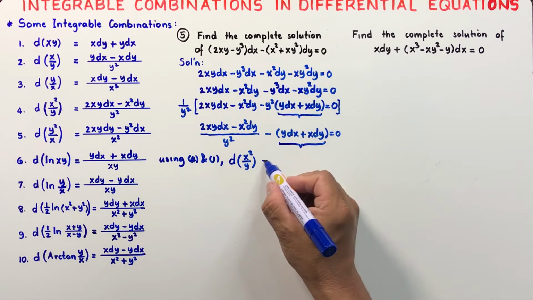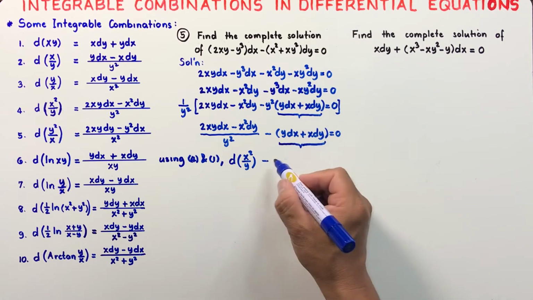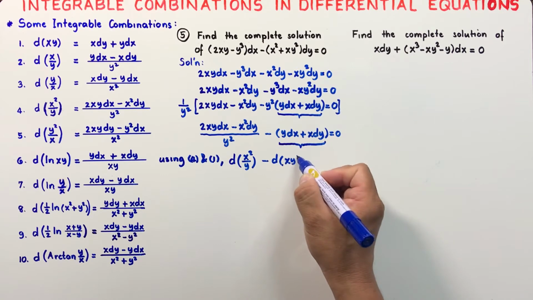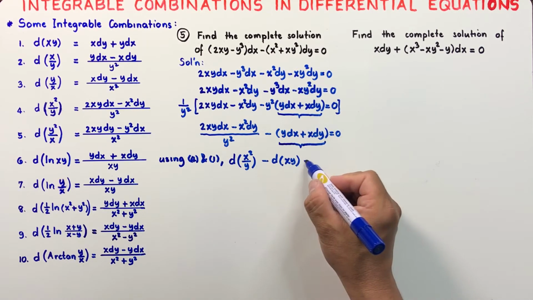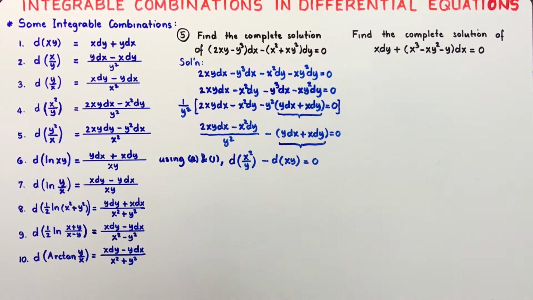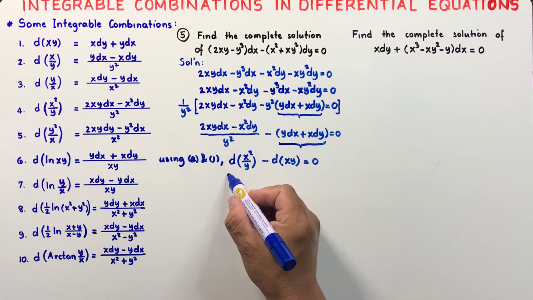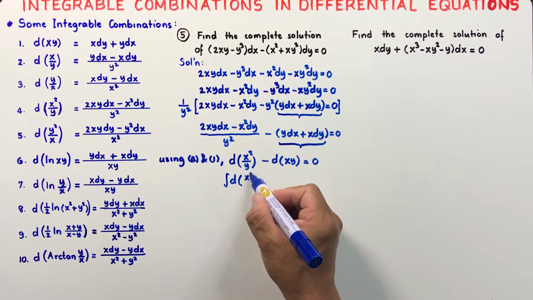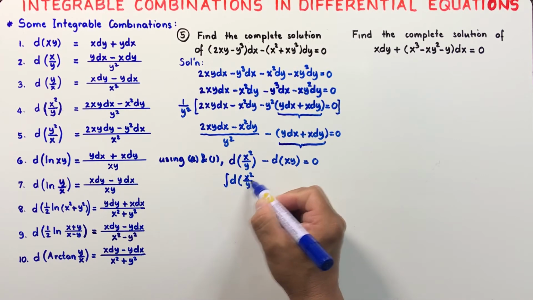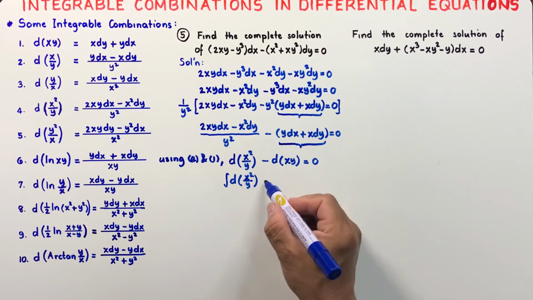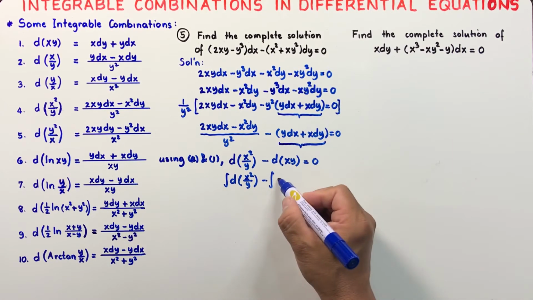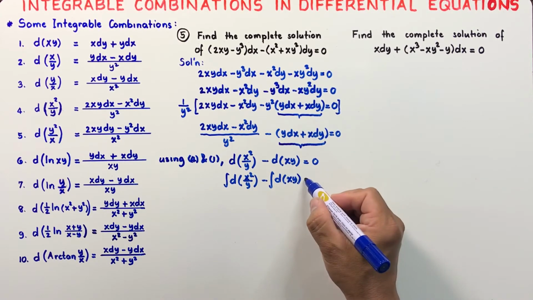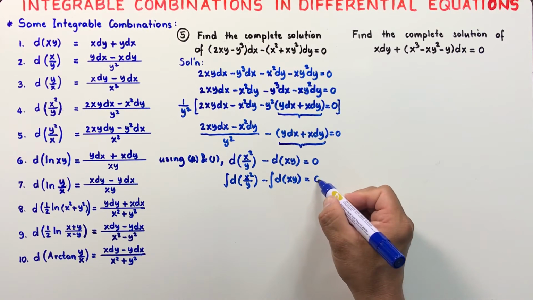And this will be subtracted by this integrable combination, which is the differential of x and y. And this is equated to 0. So taking the integral of each term in the equation, we have the integral of the differential of x squared over y minus the integral of the differential of x times y, which is equal to 0.